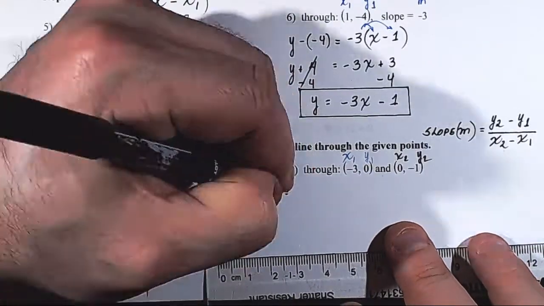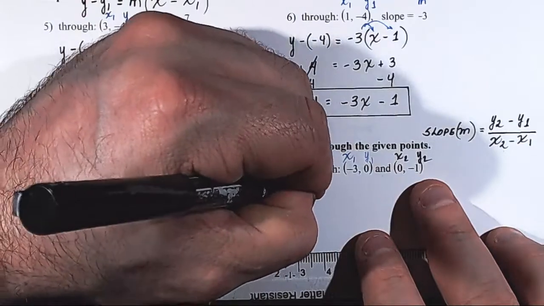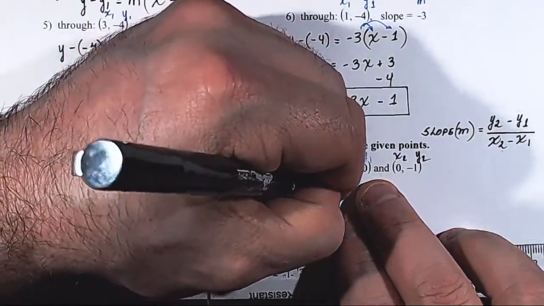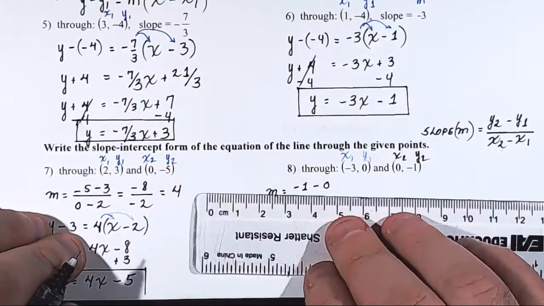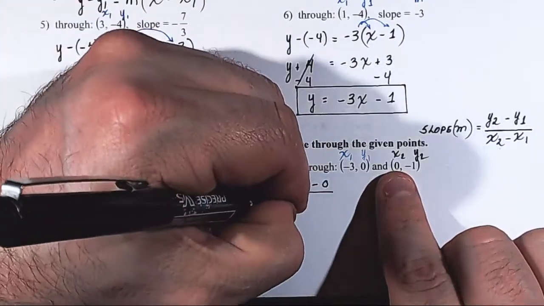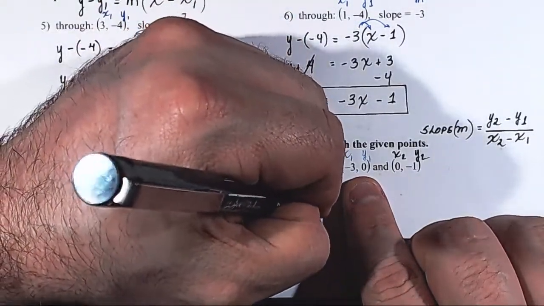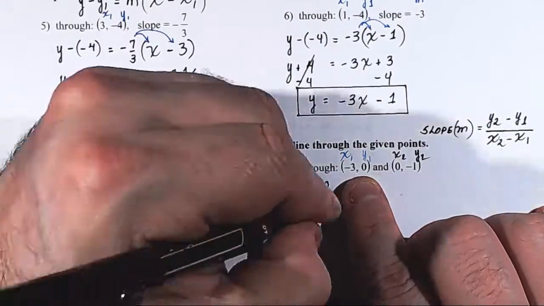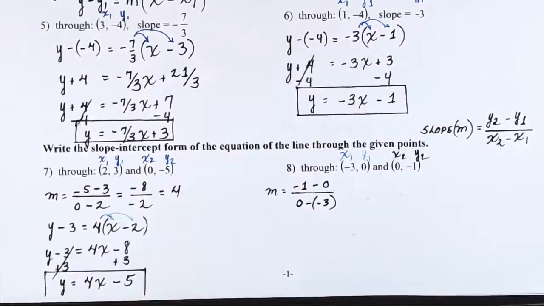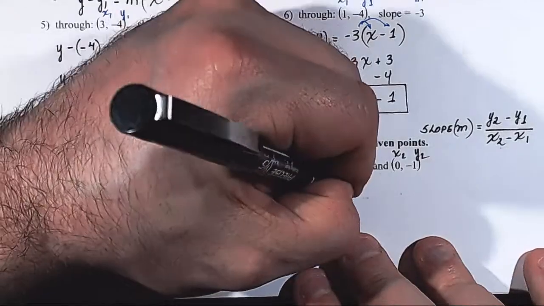M equals y2, negative 1, minus y1, which is 0. Negative 1 minus 0, over x2, 0, minus x1. So watch carefully. Minus, open parentheses, negative 3, close parentheses. That way you don't lose track of the minus signs.